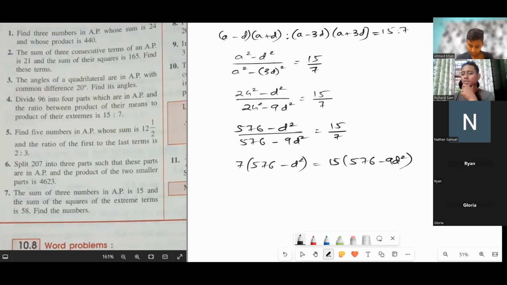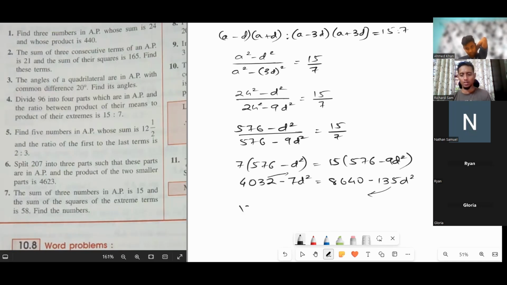What was 7 into 576? 4,032. 7 sixes are 42, so it has to be 2 as the last digit. And 15 into 576? 8,640. 15 into 9, 135 D square.